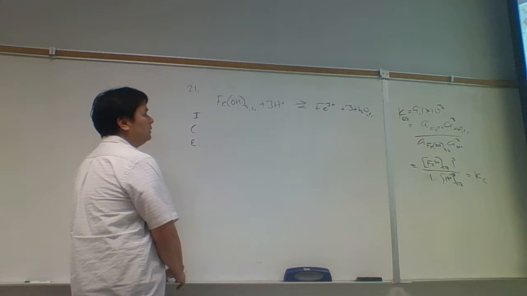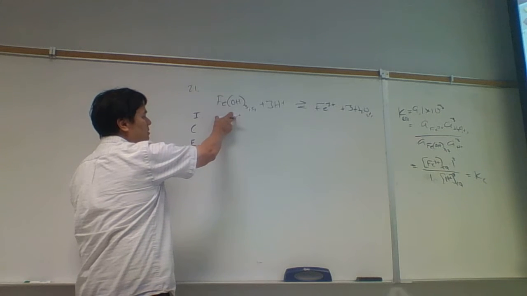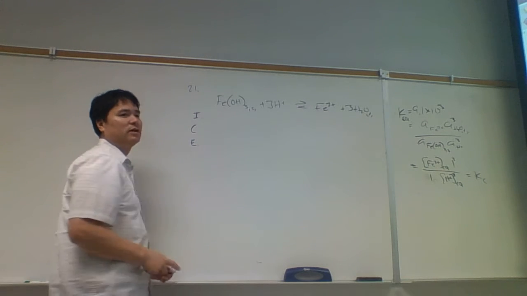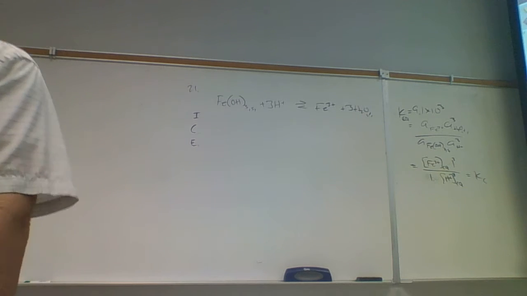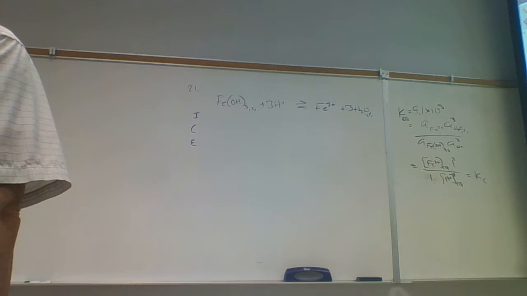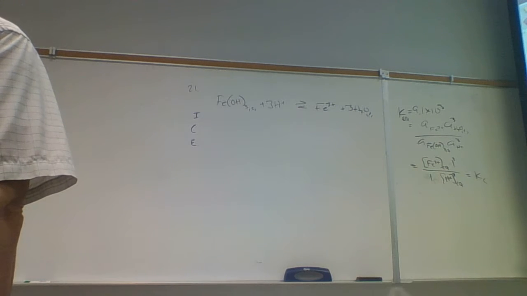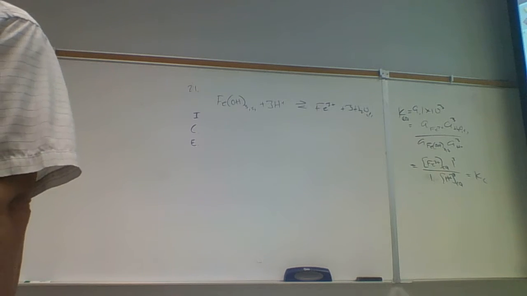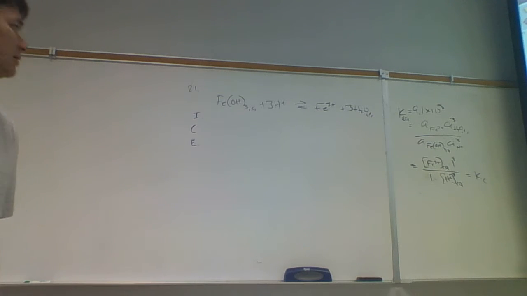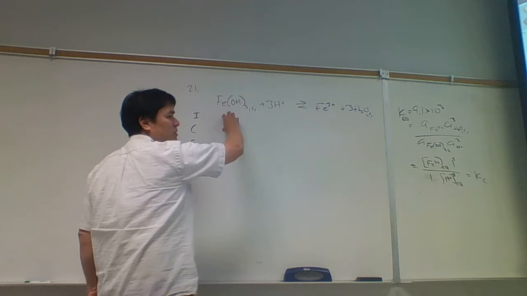So what do we do about this? Does the concentration of iron 3 hydroxide change over the course of the reaction? No. The concentration doesn't change, the amount does. For example, in this reaction, we're going to lose iron 3 hydroxide.